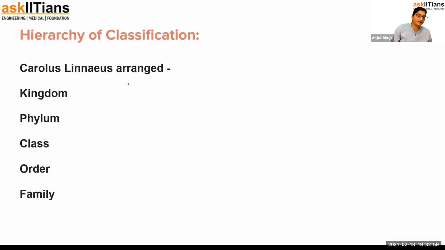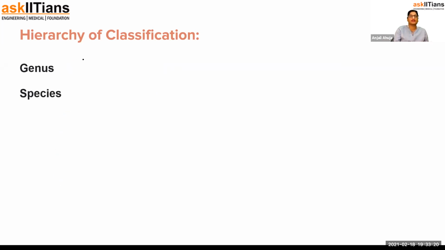So this is like a taxonomic category. All the categories make up the taxonomic hierarchy. This was given by Carolus Linnaeus. And there are mainly 7 categories in the hierarchy of classification: kingdom, phylum, class, order, family, genus, and species.